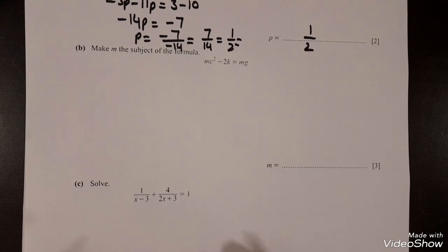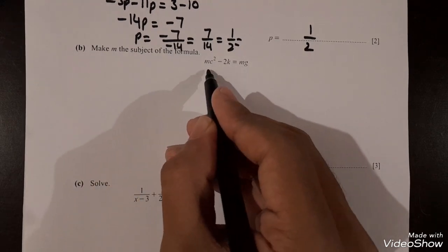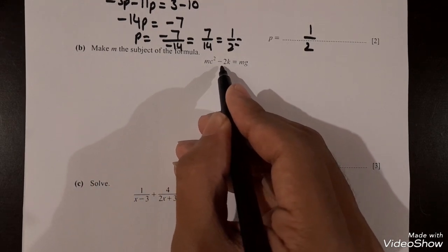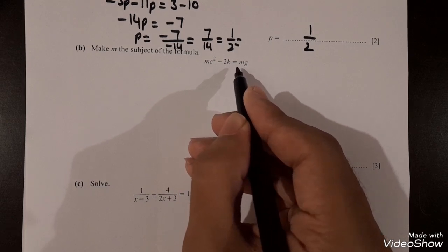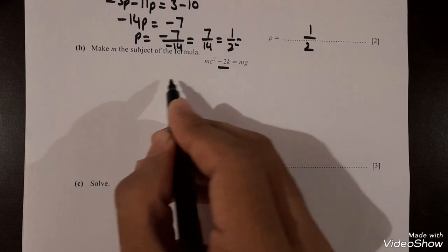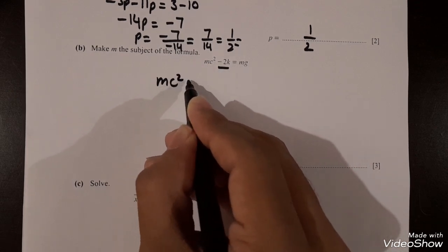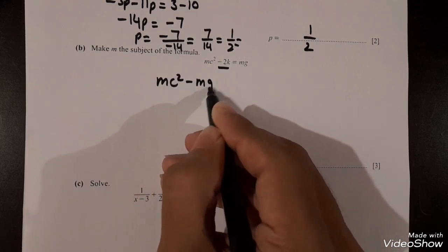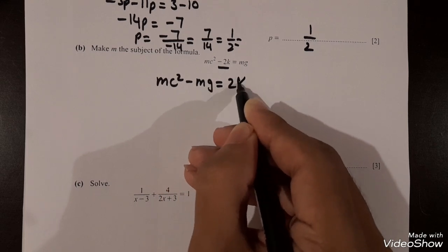Then part B states, make m the subject. So mc square minus 2k is equal to mg. We'll move 2k to the right and mg to the left. So mc square minus mg is equal to 2k.